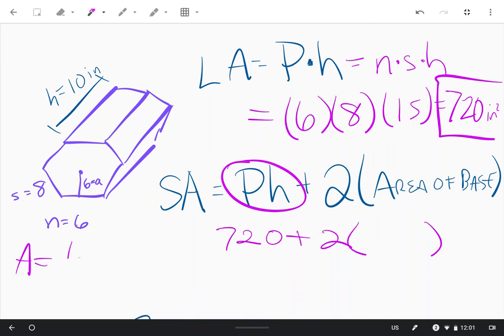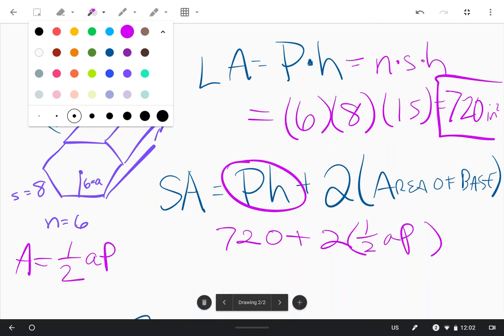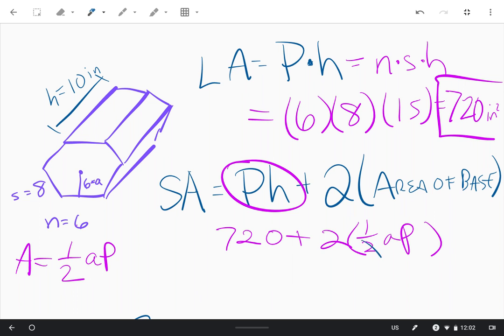Well, the area formula for the base is 1/2 A times P. So if you think about it, 1/2 A times P, I actually could just do A times P because the 2 is going to cancel out from this and this, leaving me with AP.